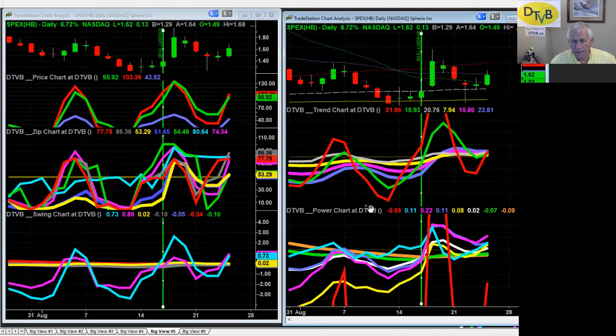The last one I've got here is just a little bit short of what I like to see, in that Power Pink has not crossed over zero yet, or the Power Orange line yet. And obviously, orange and green are under zero.